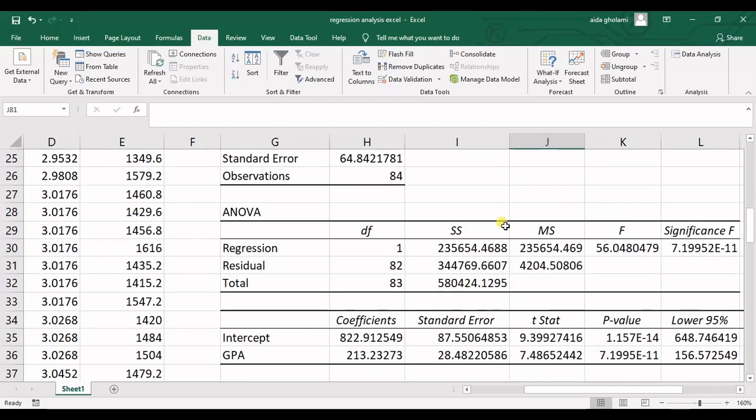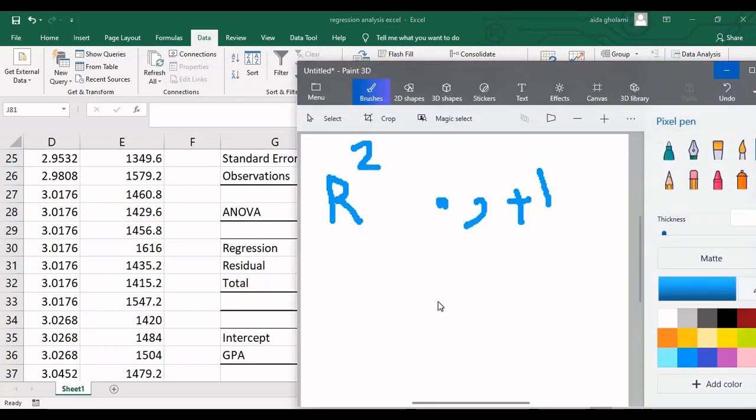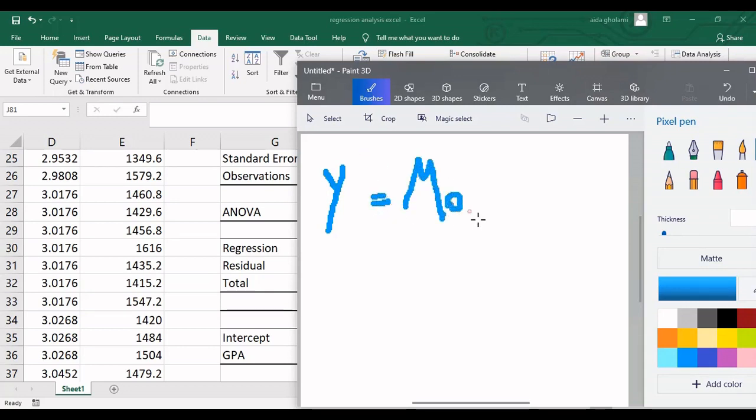So the next one is the Anova table in the regression output. For this Anova table, you get the first row as regression, the second one as residual, and the third one as total. So we know that total y is modeled y plus error.